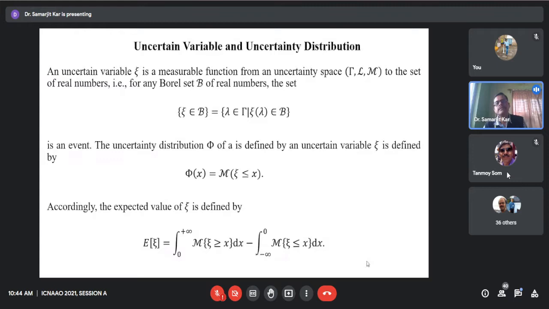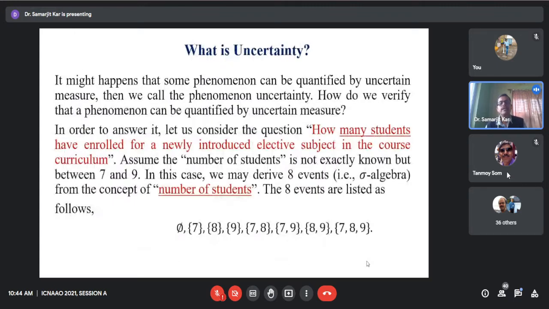But why this? What is uncertainty? It is different from random uncertainty or fuzzy uncertainty, because we already know random uncertainty depends on chance, and fuzzy uncertainty depends on similarity. But here, in this example, if we consider the number of students in a class is about 8, that may be 7, maybe 8, or maybe 9.